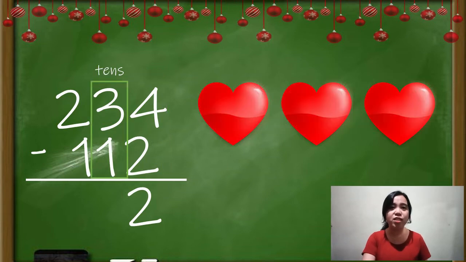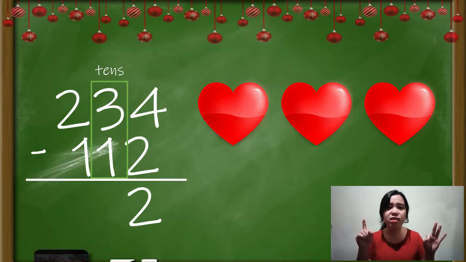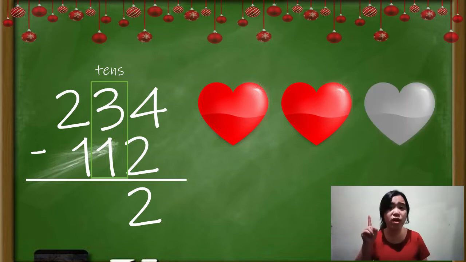Very good. So now, next, we proceed to what value? The tens value. So in the tens value, we have 3 and we have 1. So it says that there are 3 hearts, but we have to take away 1 heart from the 3 hearts.